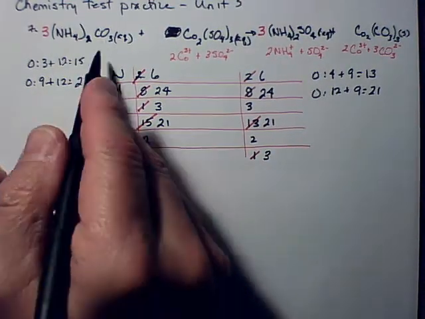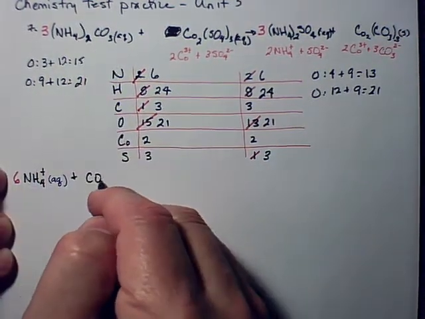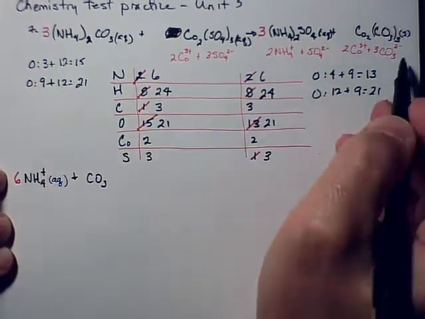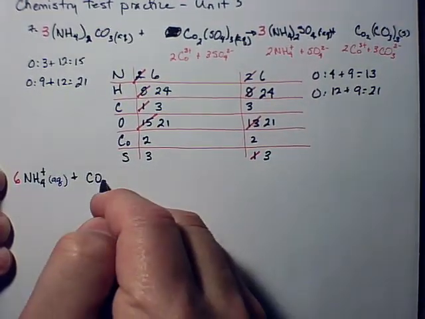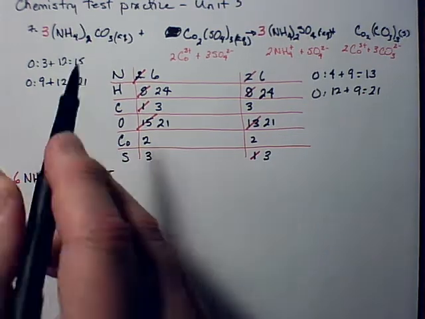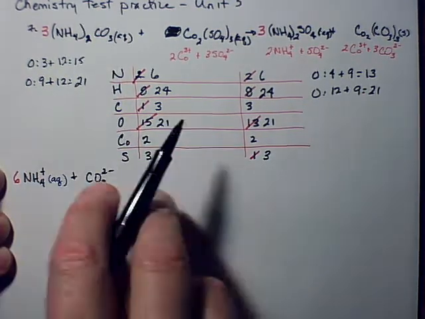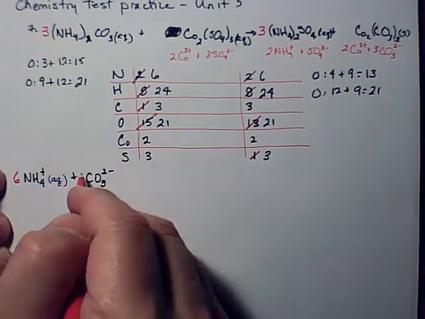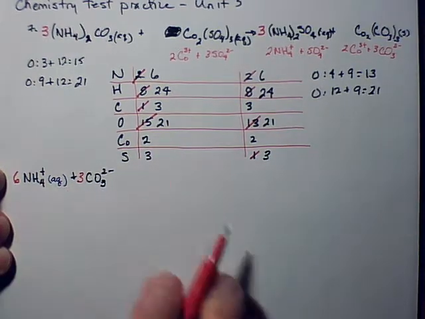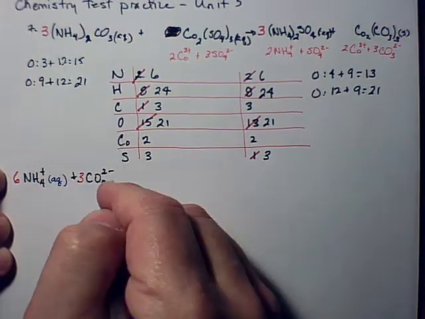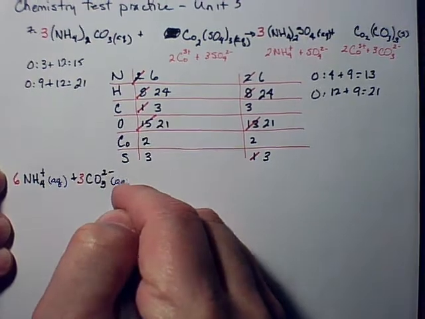Alright, so I've also got this CO3. We already figured out that the CO3 has a 2 negative charge. How many of these carbonates do I have? 3 of them. And what physical state? Aqueous.